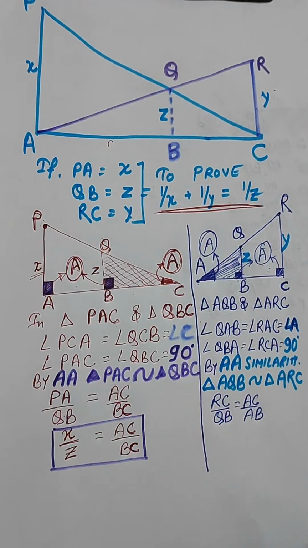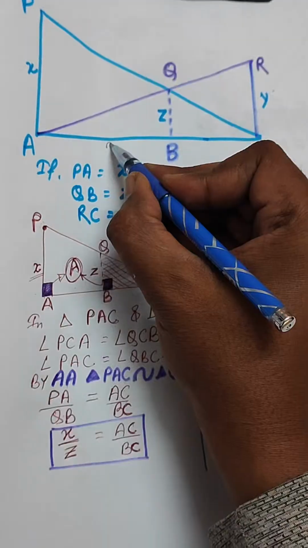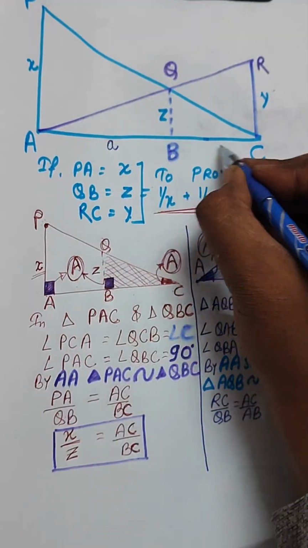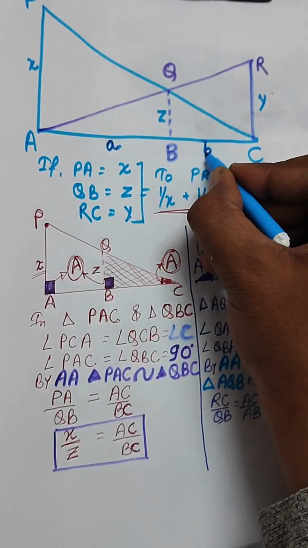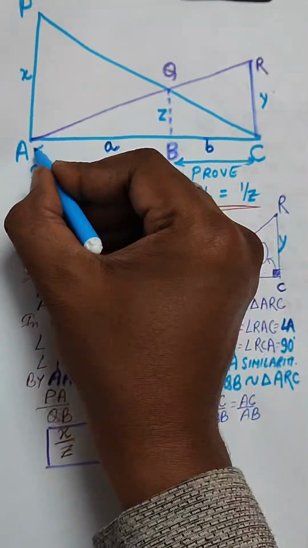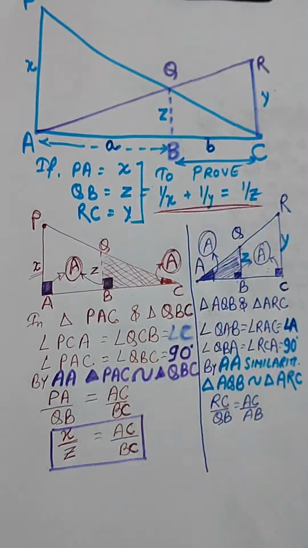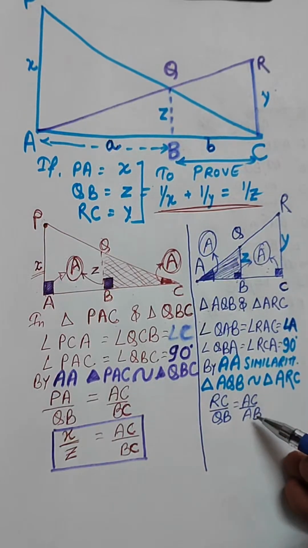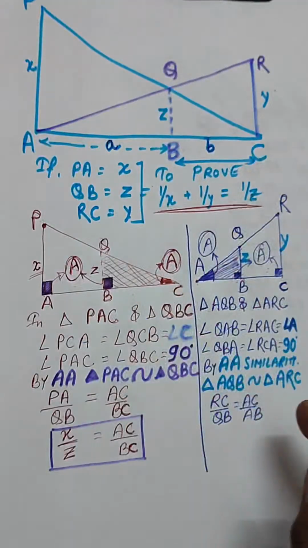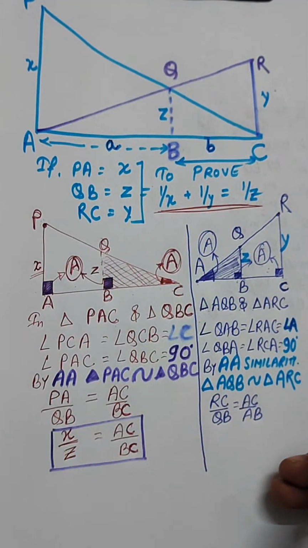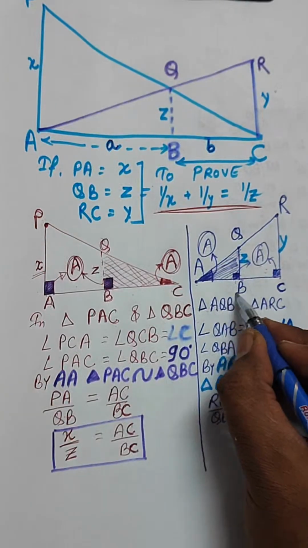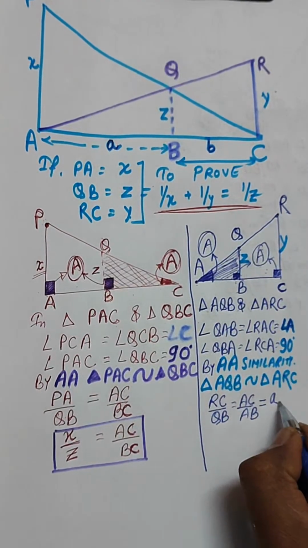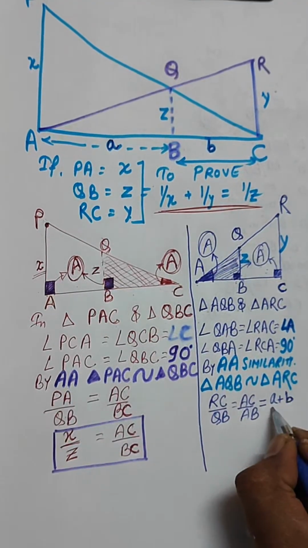Now if AB is a length small a and BC is a length small b, I'm saying this length only, then in this case AC by BC can be written as a plus b by small b, that means this can be written as a plus b divided by AB.